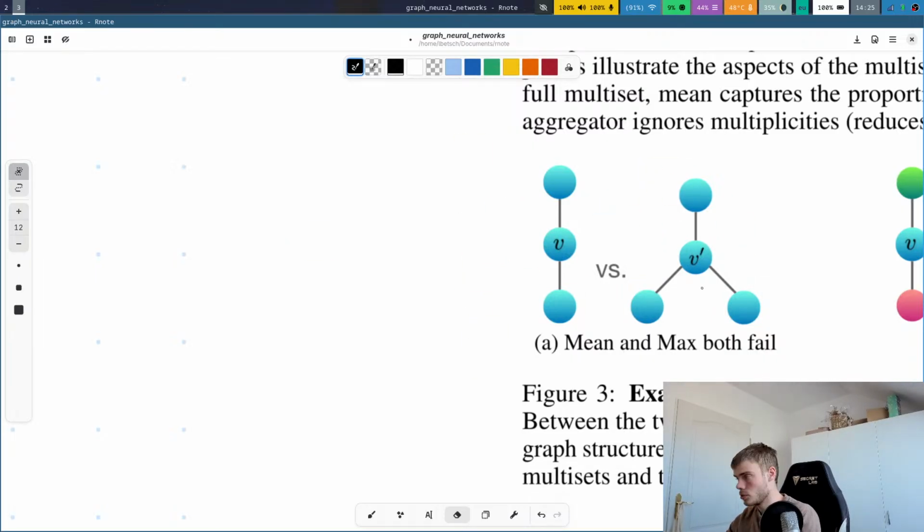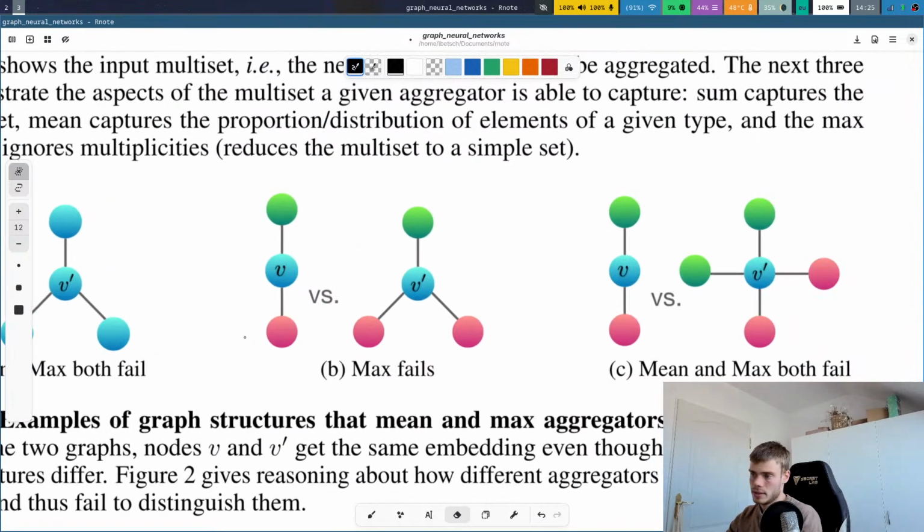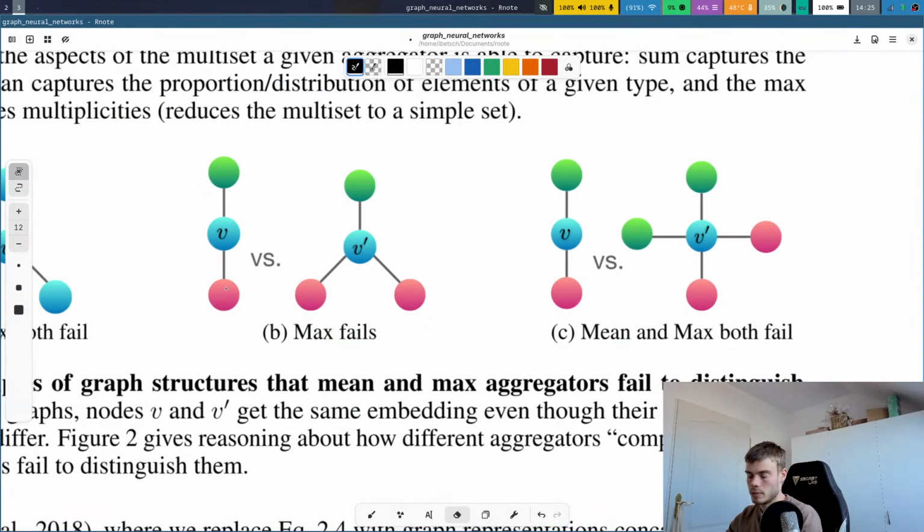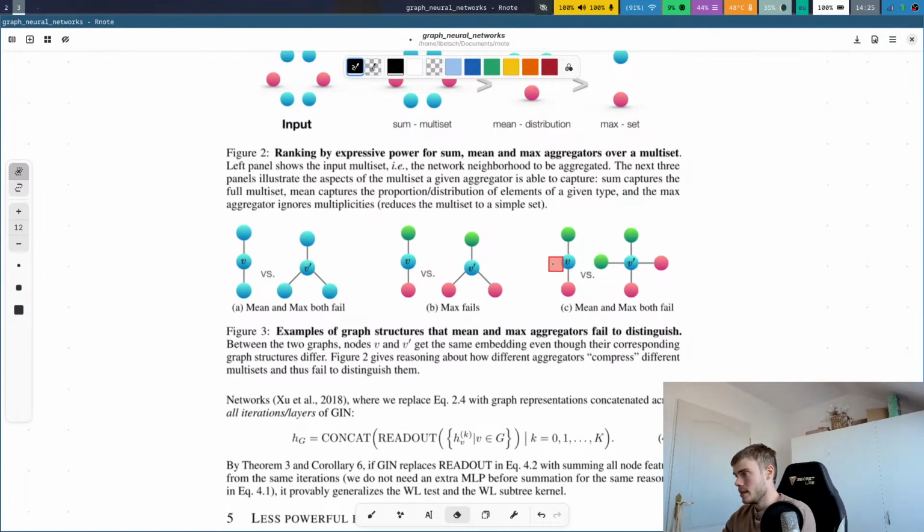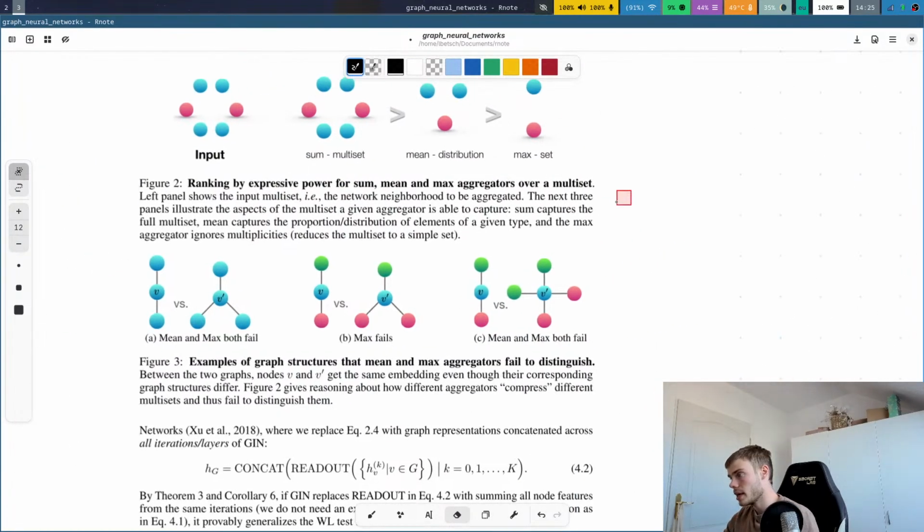And this is true for max as well. Here max will also always fail because it will only consider the difference between the different types. And if we have two of them or multiple of them, then it will fail. So the key thing they do here is they look at multisets. This is their key thing.